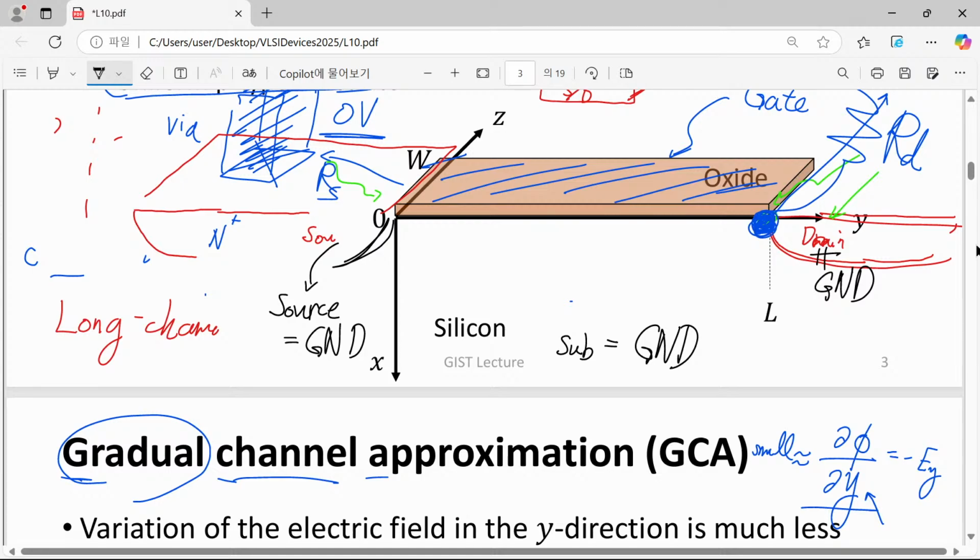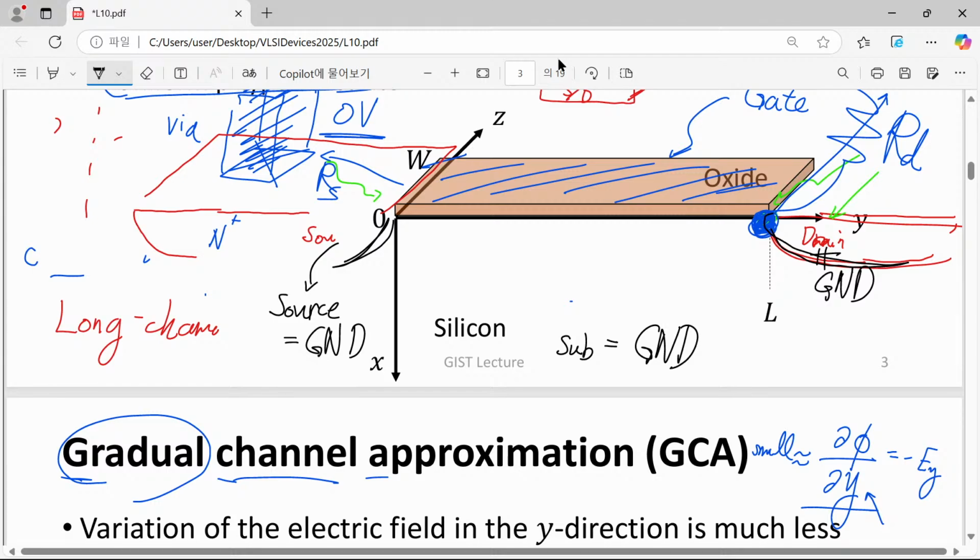Previously, although there existed a metal gate, the metal gate was separated from the silicon bulk by this very good oxide. But now this drain, which is biased to a non-zero voltage, is directly attached to the silicon bulk.